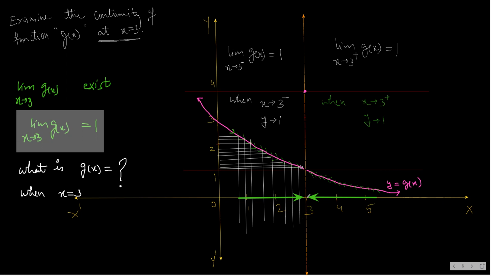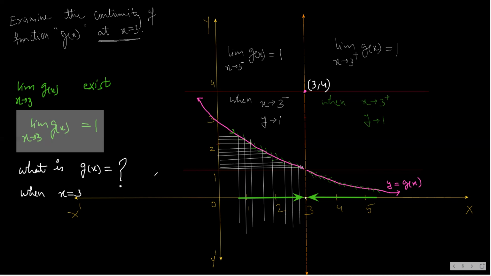But now when I say x equal to 3, I actually mean the point where x is 3. So when x is 3, what is the function value? The function value is given to be 4. Here is the point defined. When x is 3, the function value is 4. That is 3 comma 4.